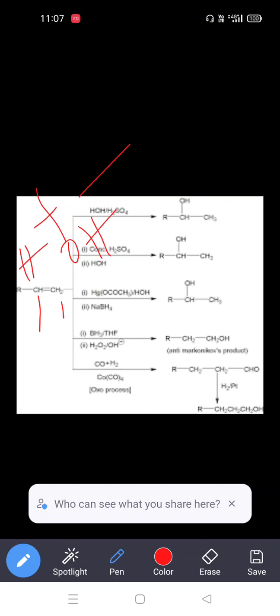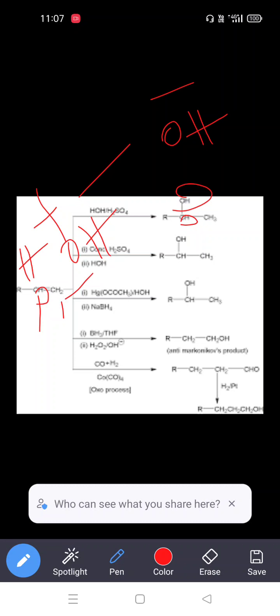The highly electronegative atom or group attaches to the carbon with fewer hydrogens. Here this carbon has only one hydrogen, and this carbon has two hydrogens.